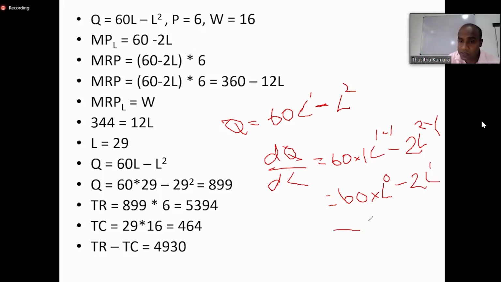Therefore, this should be 60 minus this part. We never put L power 1 because we know it is already there. Therefore, MPL equals 60 minus 2L. This is how we got the MPL.